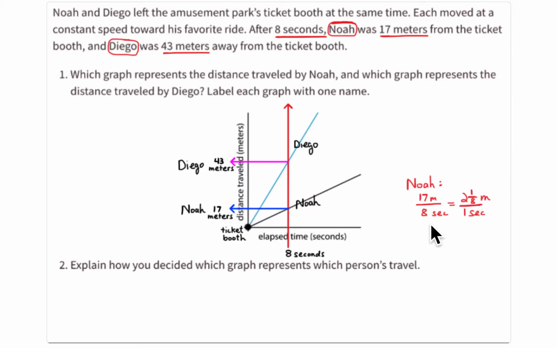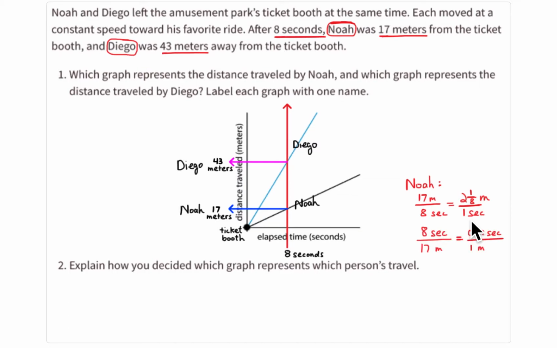All right. So let's look at Noah's speed. Noah's speed is 17 meters per 8 seconds. So if you simplify that to what's his distance per 1 second, that's his speed. So he travels at 2 1/8 meters per 1 second. Now, the time it takes him to travel each meter is his pace.